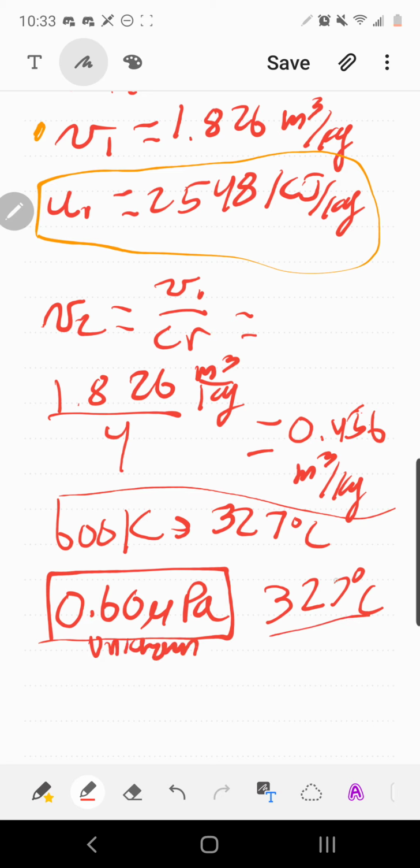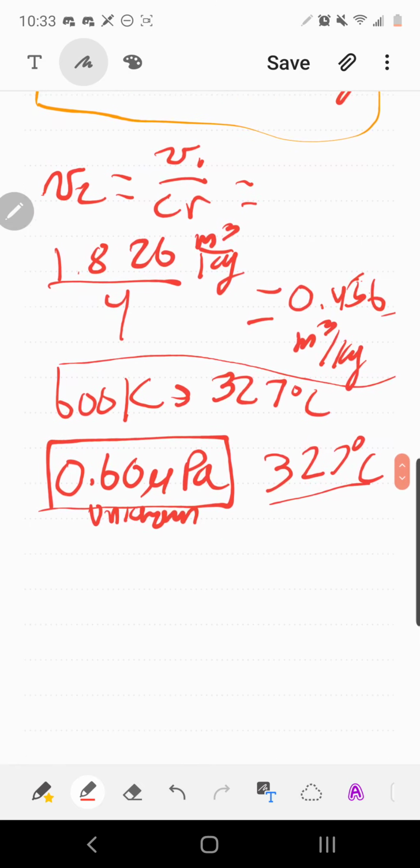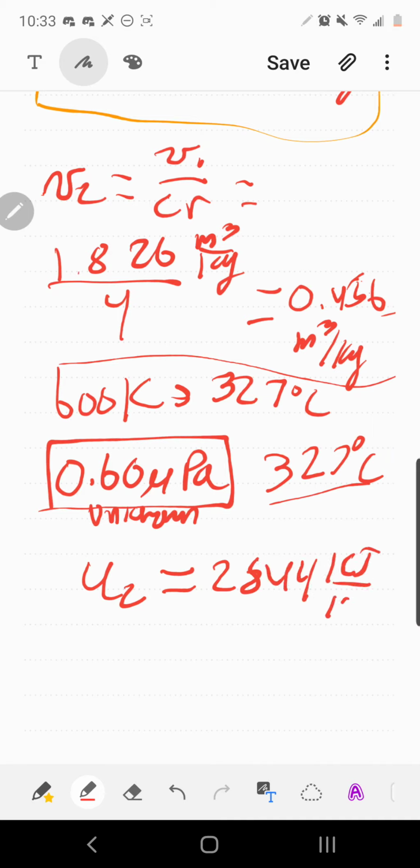We use the temperature and the specific volume to triangulate this particular quantity. After we get it, we figure out, cool, this is where it is. Let's see what our U2 is. You can find the U2 to be about 2844 kilojoules per kilogram.